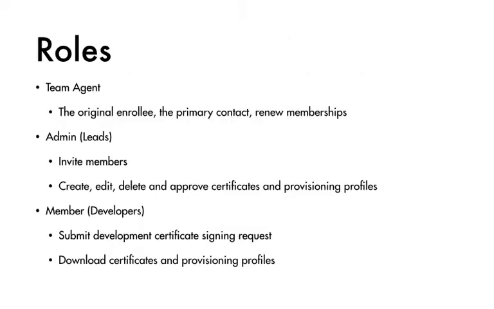Currently, all the leads in both the Vietnam and Singapore offices have admin roles, so they can invite members, create, edit, delete, and approve certificates and release profiles. And the rest of the developers will be members who can only submit a development certificate and download the other certificates and release profiles.